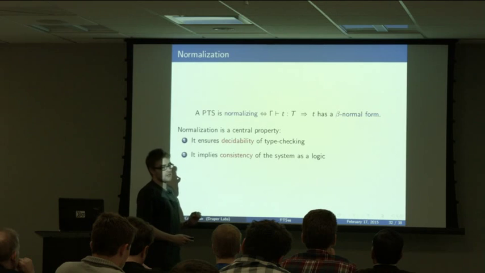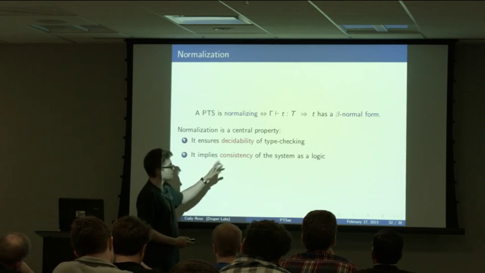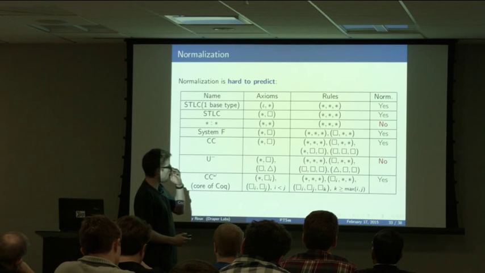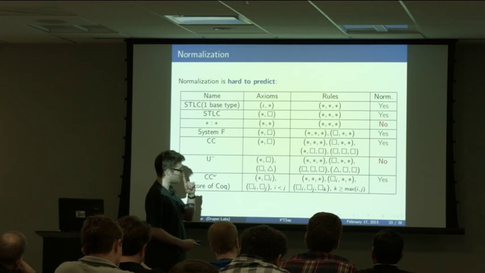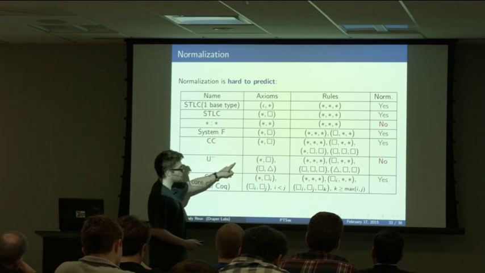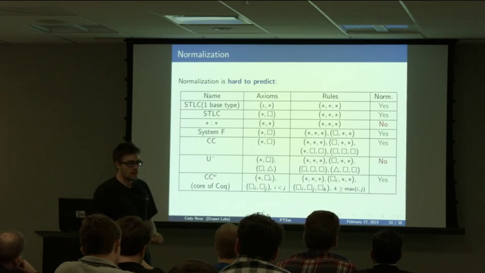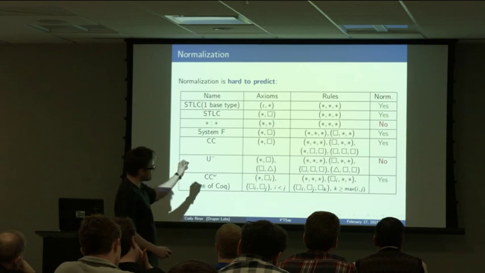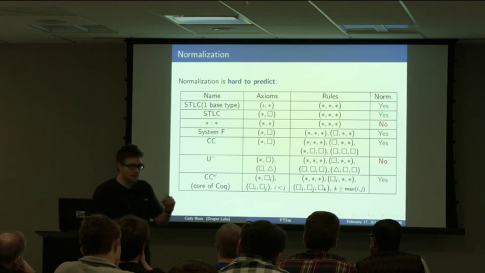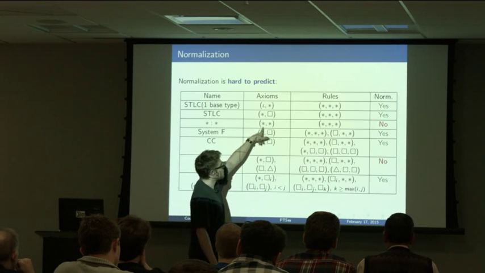So normalization implies these properties. It's really nice to have normalization. What's weird is that it's very hard to predict whether a pure type system is normalizing. In particular, for both of these no's here, someone proposed the system, suggested that they were normalizing, and in some cases actually proved they were normalizing, and then later found very subtle counterexamples. And it's weird for this one because it looks very circular, right?